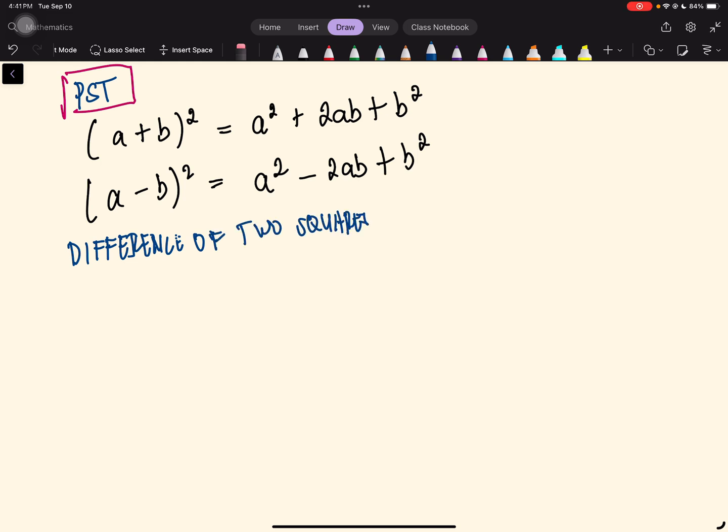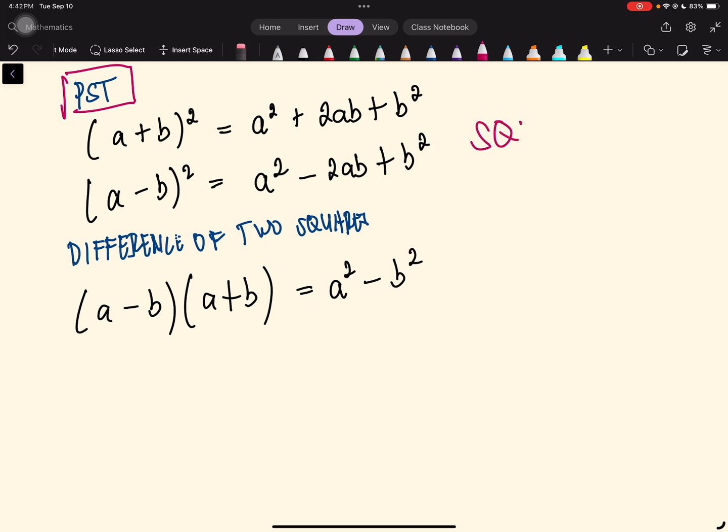Okay? So when we say difference of two squares, kapag minultiply mo tong dalawang to, say a minus b times a plus b, then you're gonna get the first term squared minus b squared. Ayan lang. So these are for our squares.